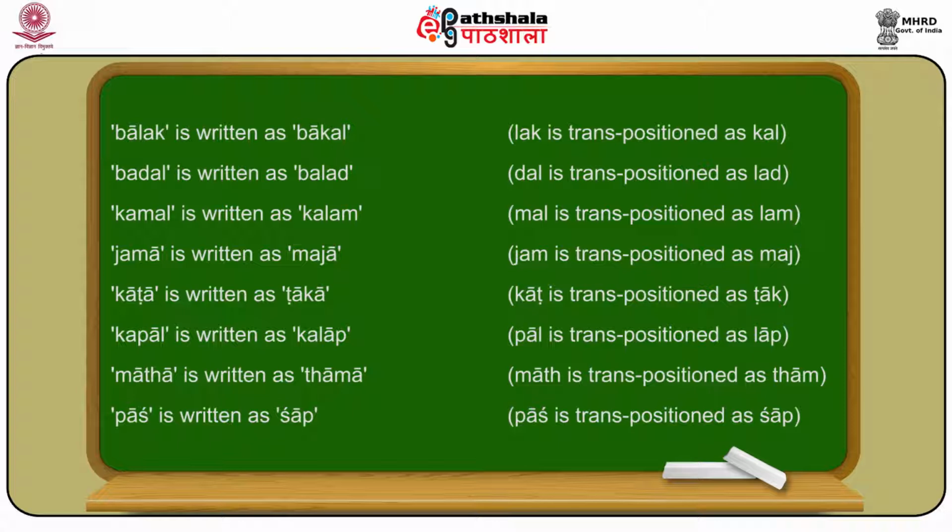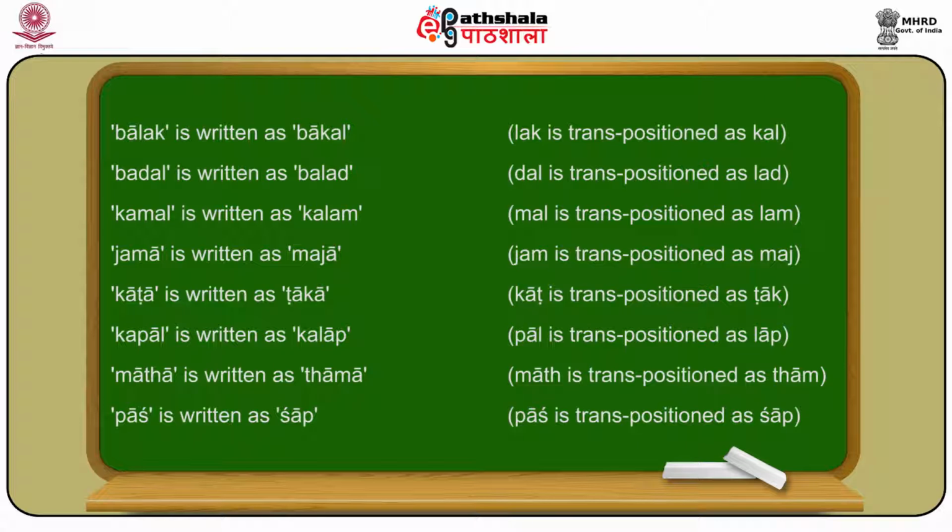I can give an example here: balak is changed to bakal, but ironically both the words are valid words. Badal has become balad, or kamal has become kalam, or jama has become maja, and kata has become taka, kopal has become kholap, matha has become thama, pas has become sap, and there are many such examples where we can show that the rearrangement of characters has created new word strings.